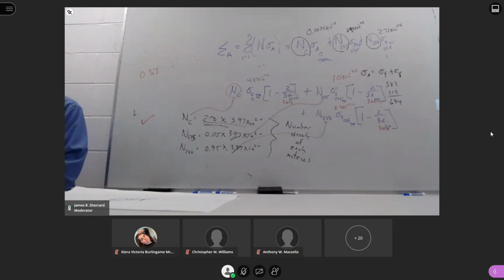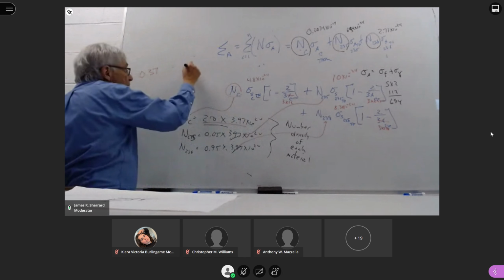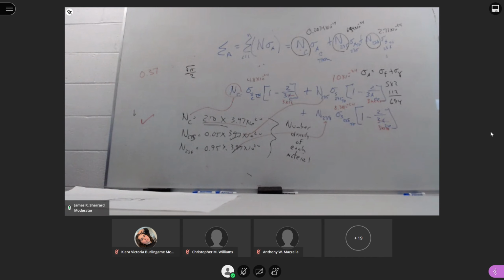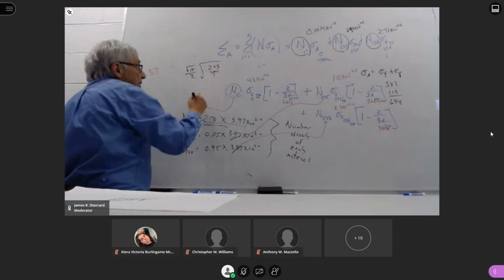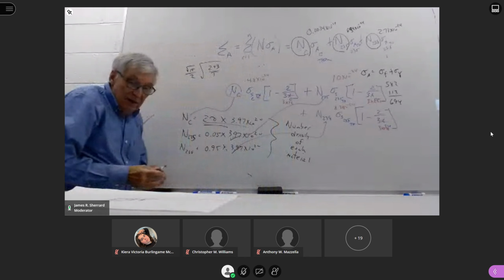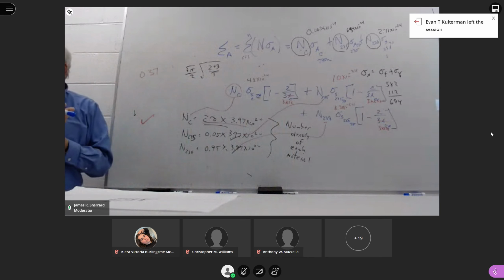Notice in the solution that you have, they're multiplying this number times square root of pi over 2 times 293 over T. So they're multiplying all of this times this. That's wrong. Why is that wrong?